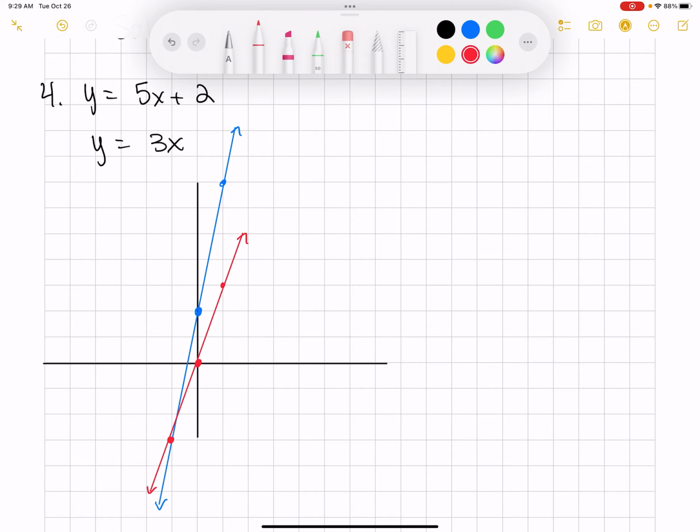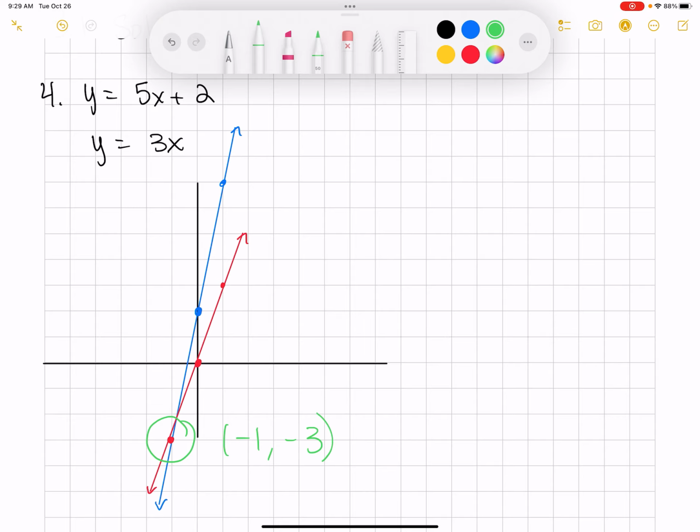All right, not that my picture's perfect, but our intersection point is down here. And what is that point? -3, -1. Backwards, X first, then Y: -1, -3.